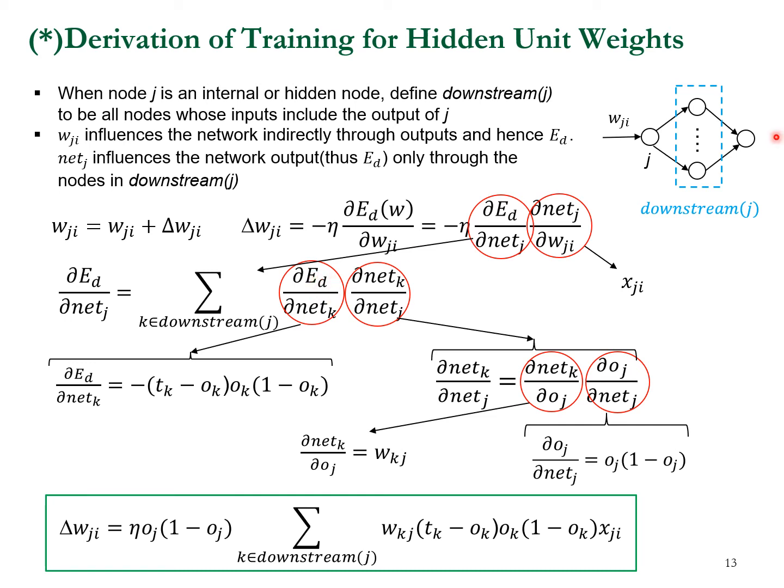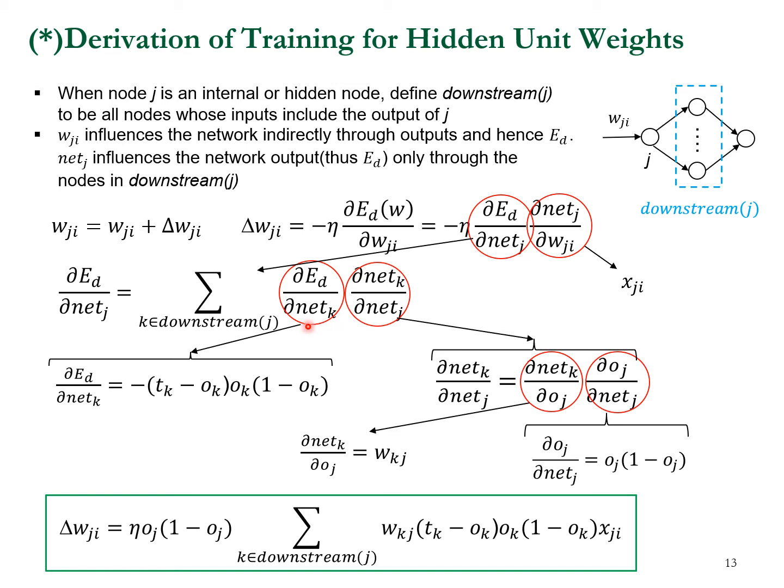So we use the summation of this: for each downstream node, net J influences net K, and net K influences the error function of the network.